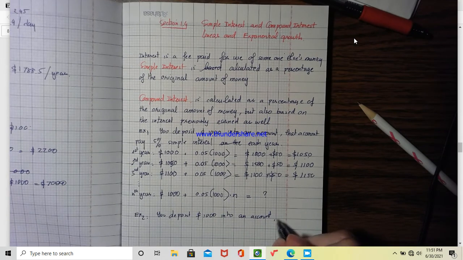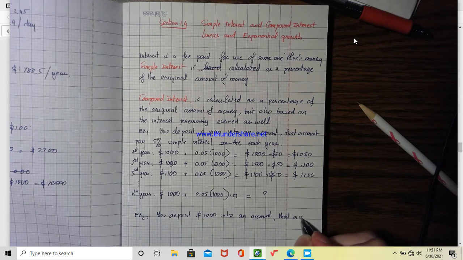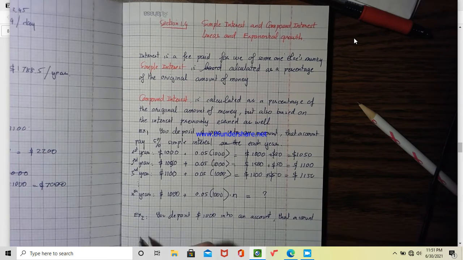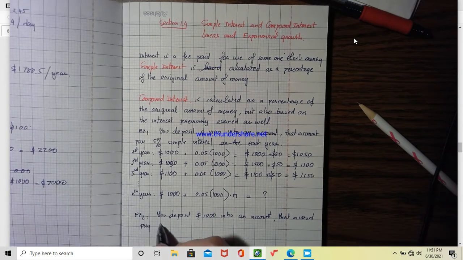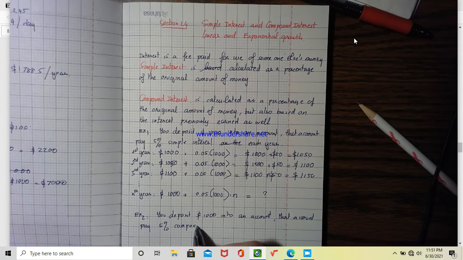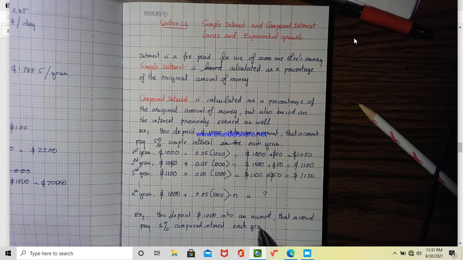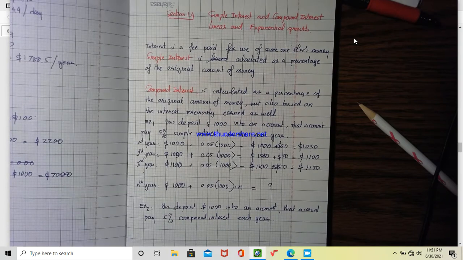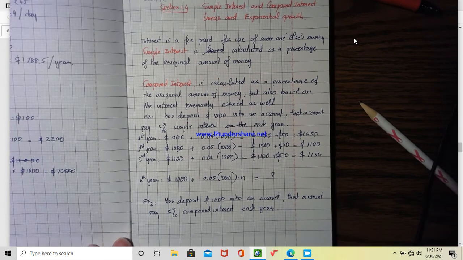Okay, and that account pays 5% compound interest, not simple interest anymore, each year. So what is going to happen? You will see the difference. After the first year it will be the same.